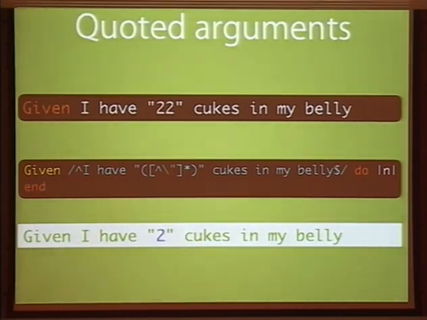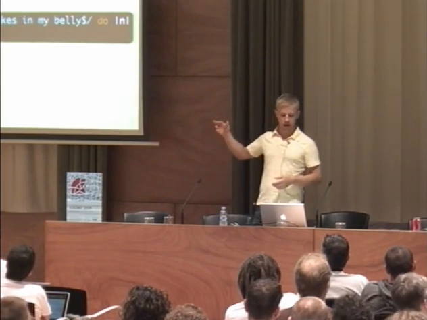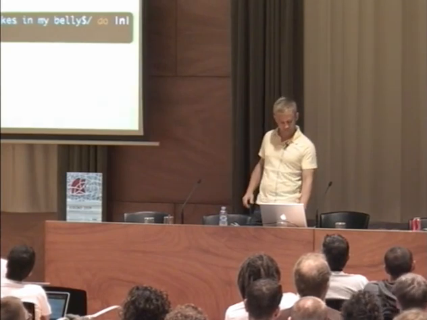Cucumber doesn't really care, but it's practical, because if you open up just a text file in an editor, and you don't have the step definition or the output on the screen, you're just looking at the source code, it helps you know that anything between quotes is probably going to be recognized as a parameter. So that's a convention that you can use. It makes the stuff a little bit easier to read. You know that you can say I have 55 cucs, and that will work too.